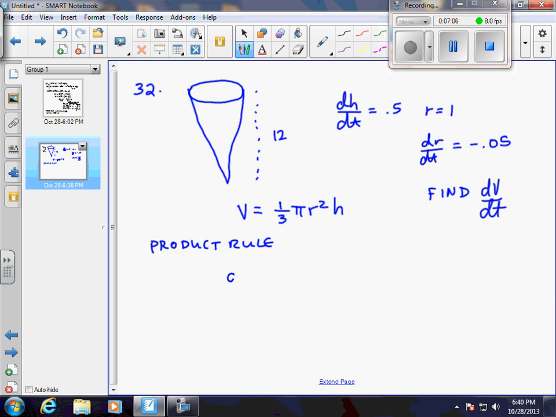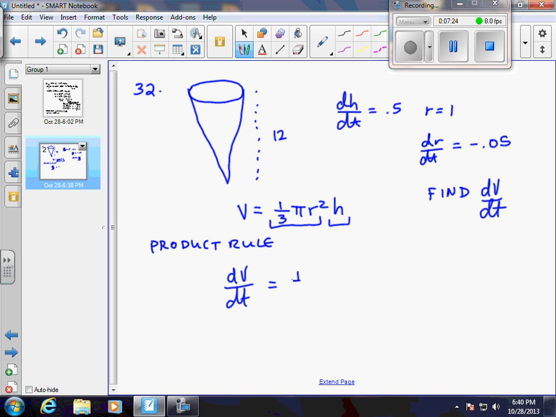So you have the derivative of V with respect to t. And on the right-hand side, I would lump the 1/3 pi r squared as one function and the h as the separate one.